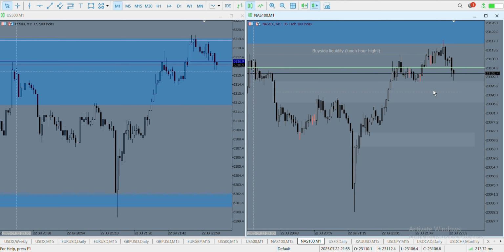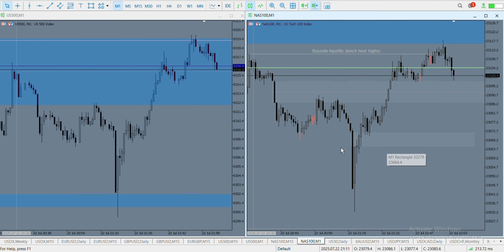So let's wait and see whether we'll go back into this inefficiency and try to find weakness below these midpoint and try to reach into these inversion fair value gap, or we'll try to find support here and try to reach into this buy side that has built up here one more time.